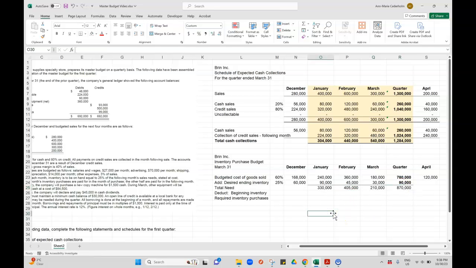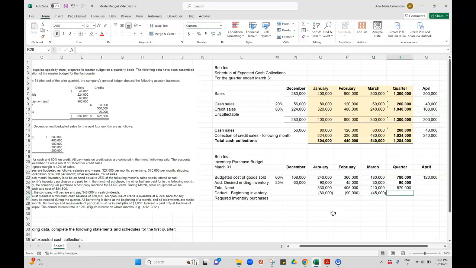Okay, so now we're going to deduct beginning inventory. Just remember, last month's inventory is this month's beginning inventory. So December is January's beginning inventory. The inventory on January 31st is the beginning inventory on February 1st. So it's just continuing on. The inventory on February 28th is the beginning inventory on March 1st.